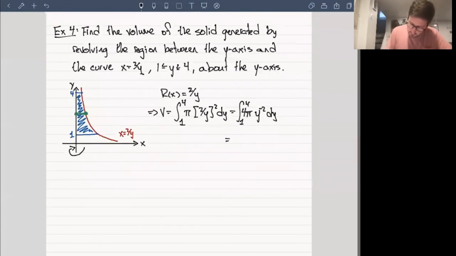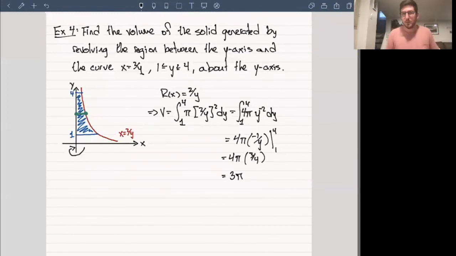So this gives me 4 pi times minus 1 over y, the antiderivative of y to the minus 2. So this is minus 1 times y to the minus 1, however you want to write it. I realize that I jump back and forth between notation there. And this gives me 4 pi times 3/4, which gives me a volume of 3 pi.